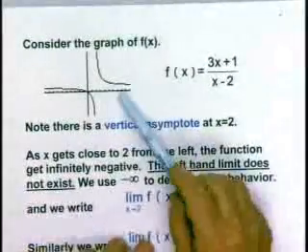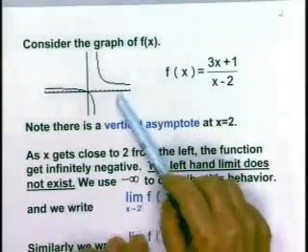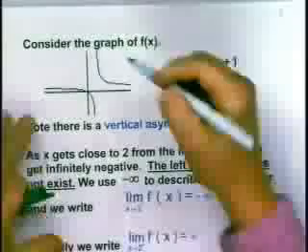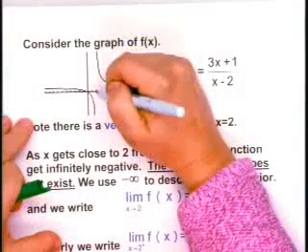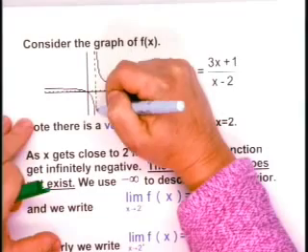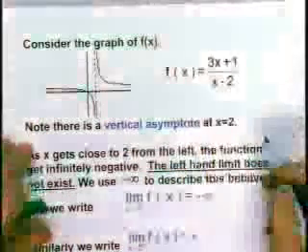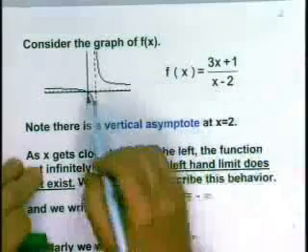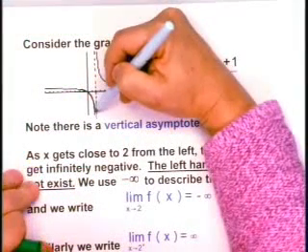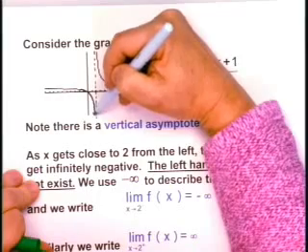This is the graph of (3x + 1) divided by the quantity (x - 2). First, notice that at x equals 2, there is a vertical asymptote. As x approaches 2 from the left side, the graph is moving in this direction, getting infinitely negative.